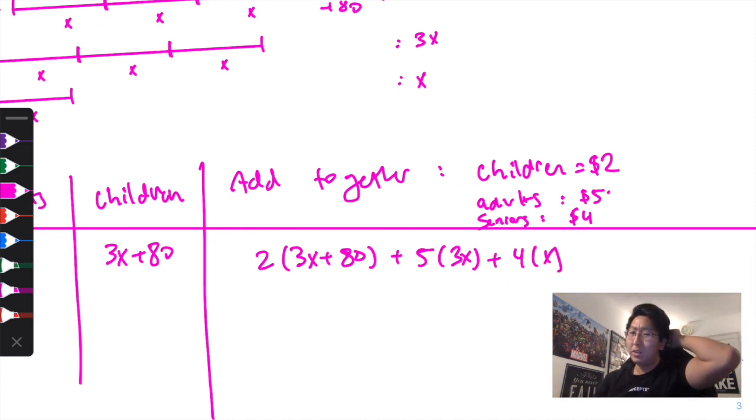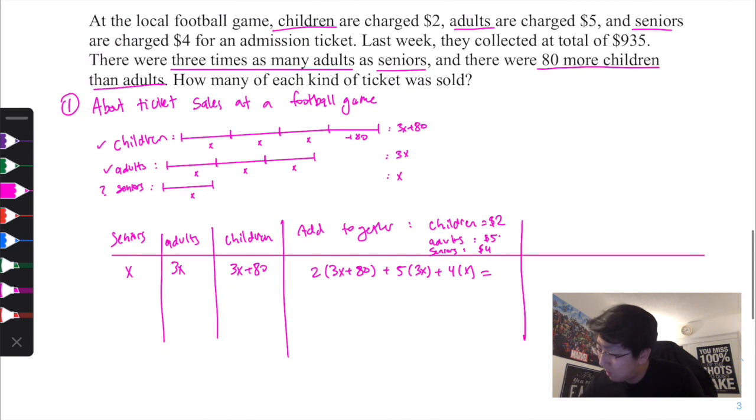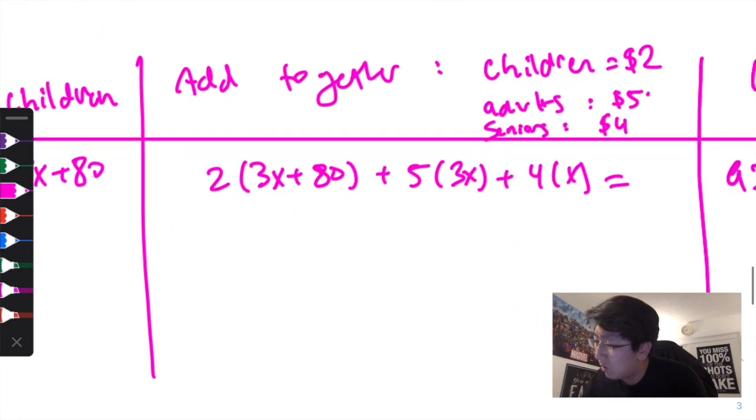If I add these together, they should equal, oh, I forgot to add this side, a total of 935. So let's go ahead and solve this now.